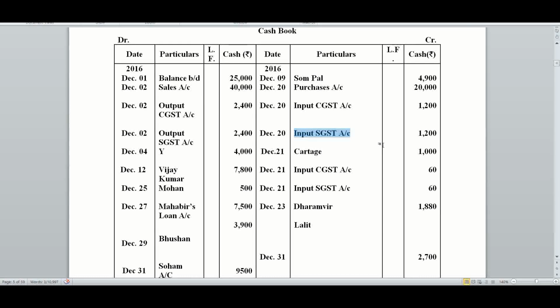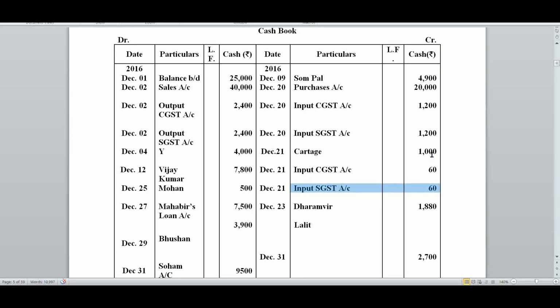Then let us come to paid cartage. CGST 6%, SGST 6%, 1,000. So the same is the case: on December 21, cartage account debit 1,000, input CGST 6% and input SGST 6% to cash account.